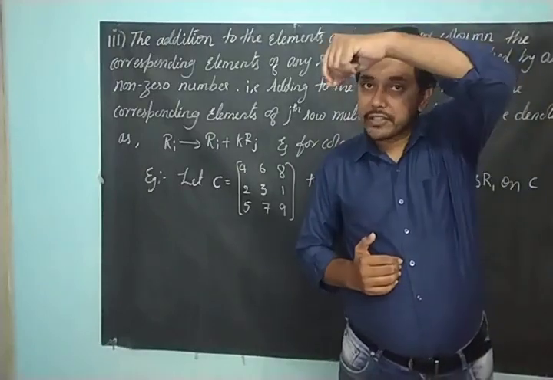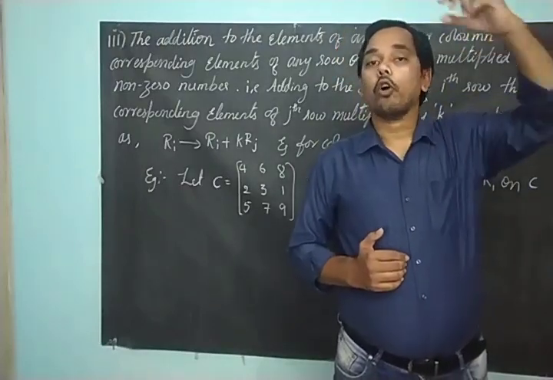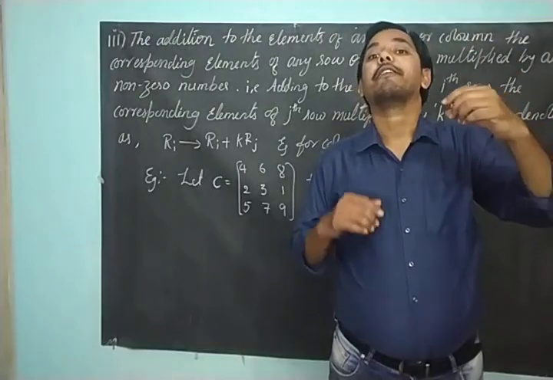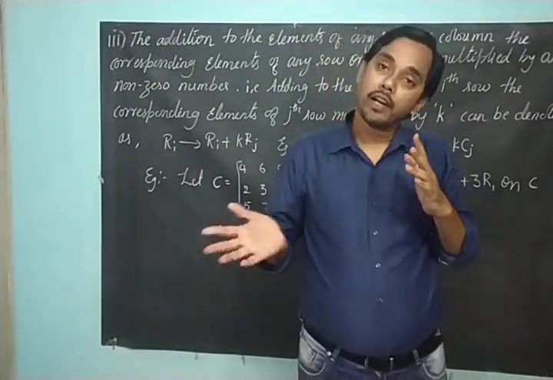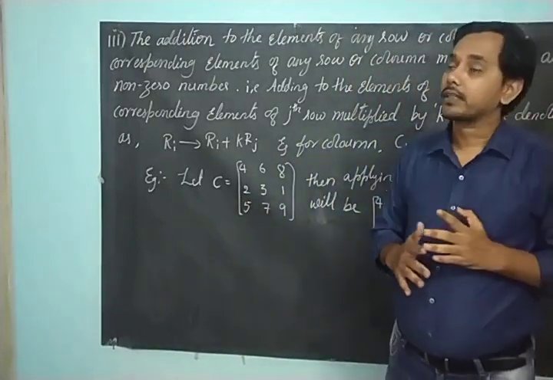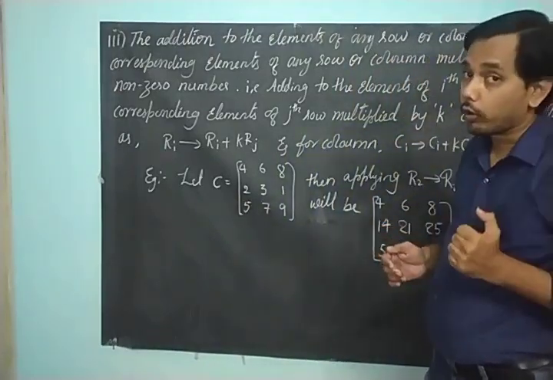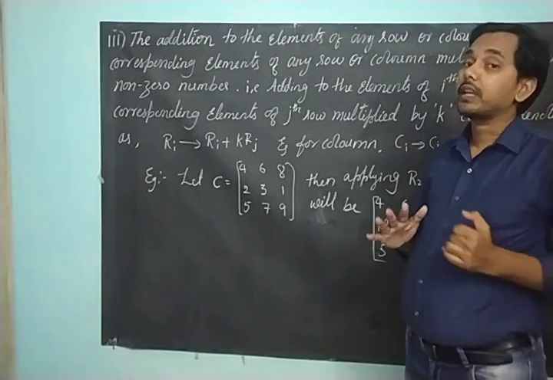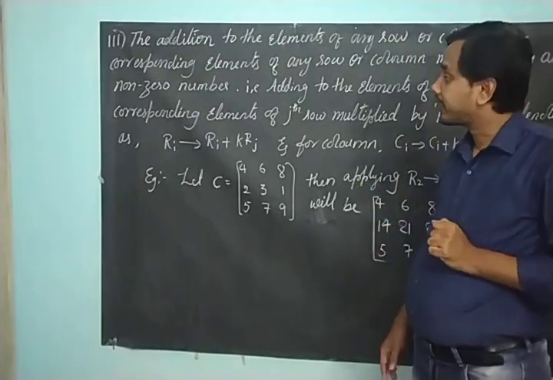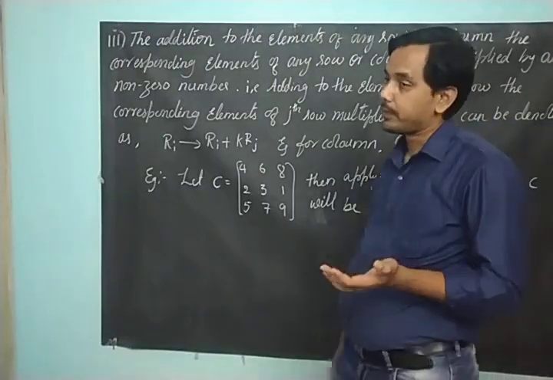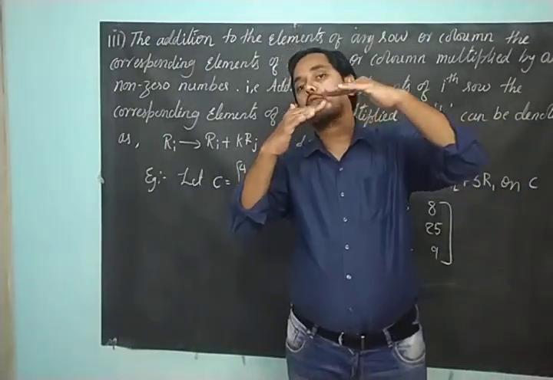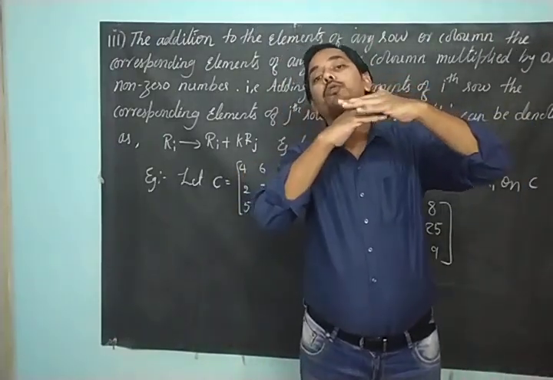So to elements of any row or column, if we are adding the corresponding elements of another row or column, that too multiplied by a non-zero number. For example, for the elements of the first row, if you are adding elements of the second row, how should you add?